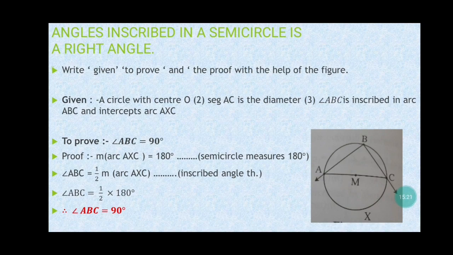Now, according to the inscribed angle theorem, angle ABC will be half of the measure of arc AXC, right? Half of 180 gives me 90. So the measure of angle ABC is equal to 90 degrees. So we have proved that an angle inscribed in a semicircle is a right angle.